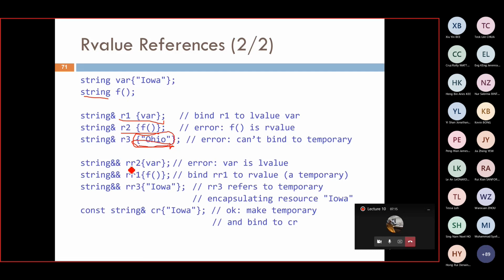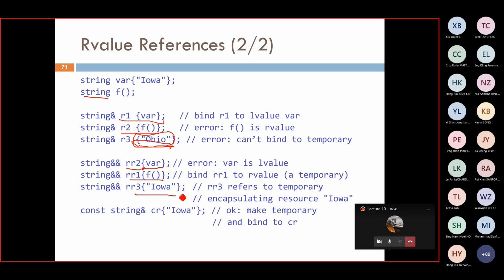On the other hand, this guy cannot be bound. There is a way, and we're going to find out how to do that. But right now, this guy cannot be bound to a named object. Instead, it can be bound to temporary objects, the one returned by a function, or the one generated by the compiler to satisfy this particular constructor call.